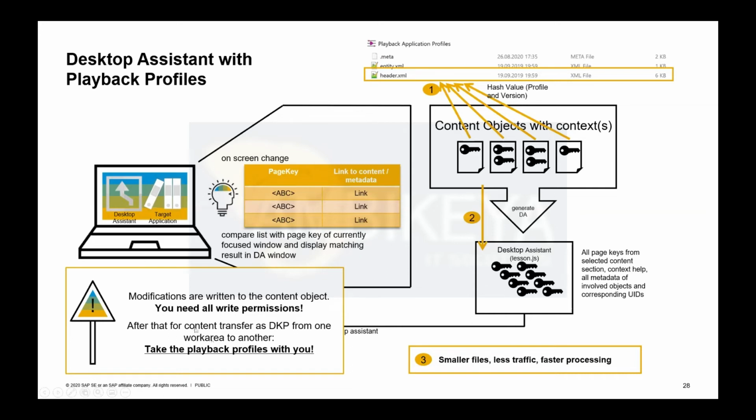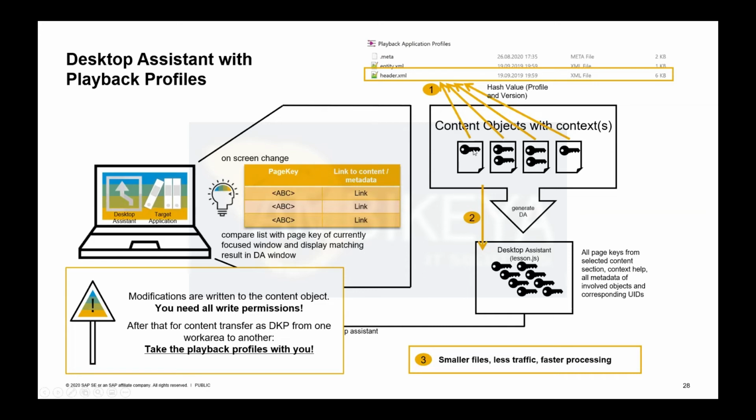But as soon as you want to transfer content from one work area to another via DKP or using the import from functionality in Manager, in both cases you have to take care manually, and in your responsibility, to take the playback profiles with you to the target work area. Otherwise the hash used in here will point to something that does not exist, which will simply lead to the content never being recognized anymore.